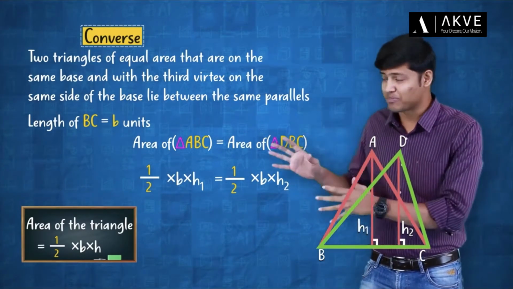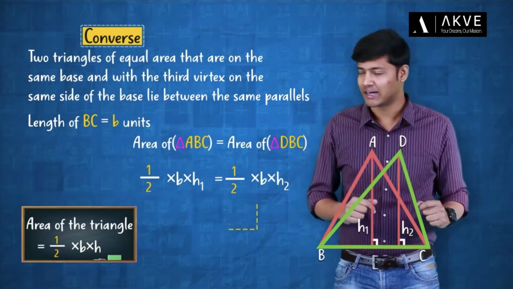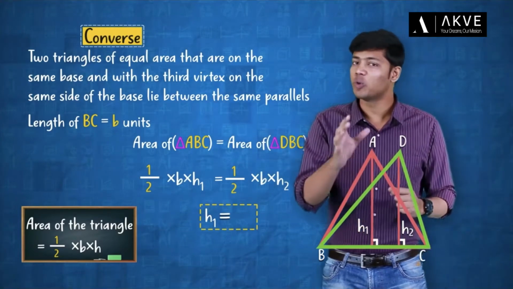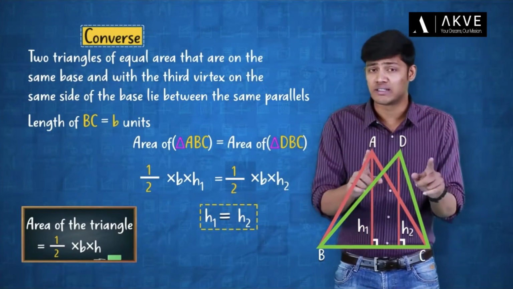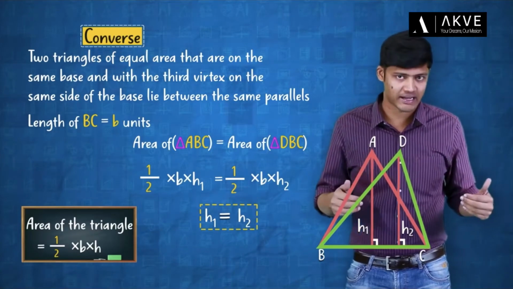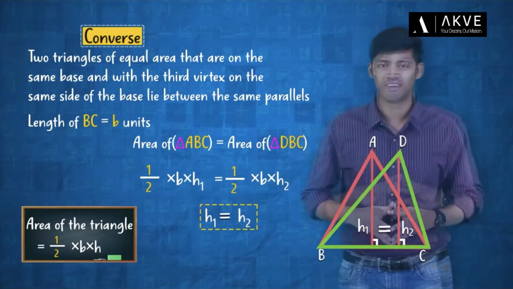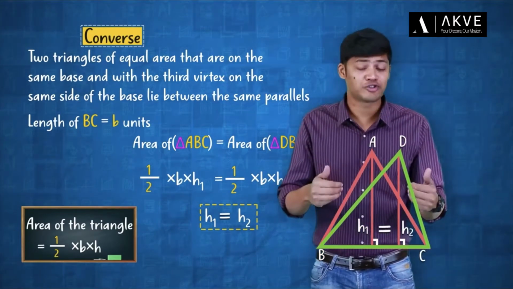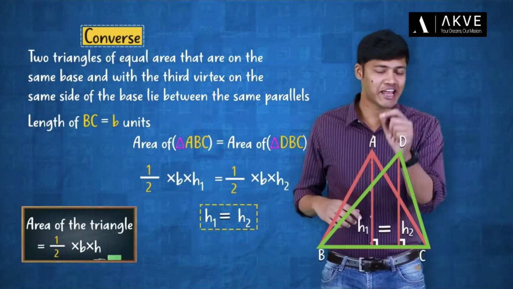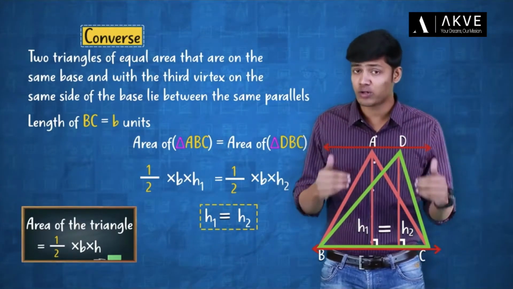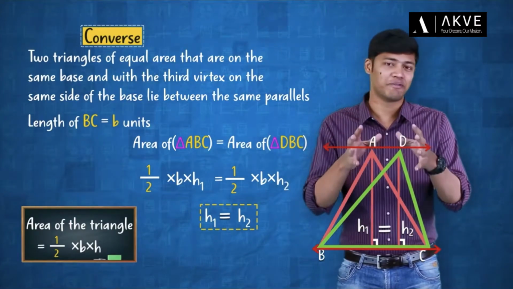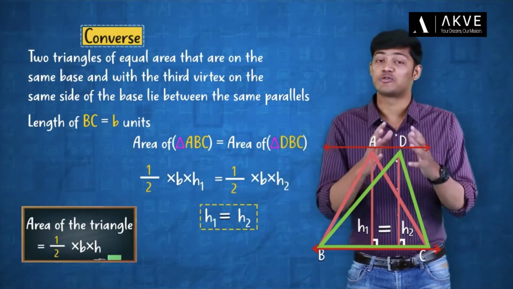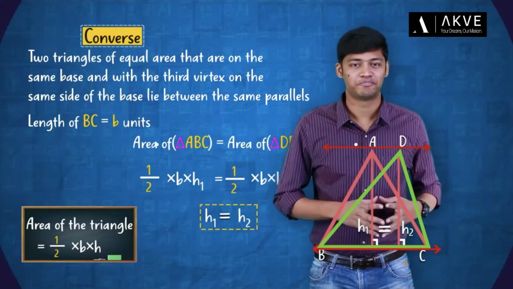So, from this, we can clearly see that H1 is equal to H2, which implies that the heights of both these triangles are equal. That's it. The heights of both these triangles are the same, which implies that both these triangles are between the same parallels. So, we have successfully proved this theorem.